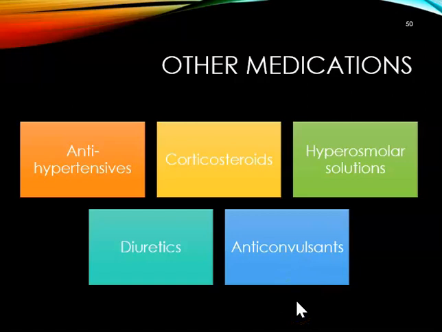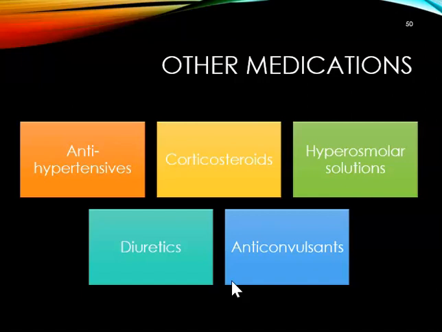Other medications that might be given: antihypertensives if the cause was hypertension, corticosteroids to decrease brain edema, mannitol, hyperosmolar solutions like D5.9, D10, D5LR are going to increase urine excretion.